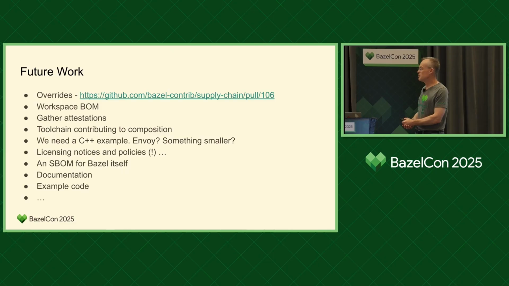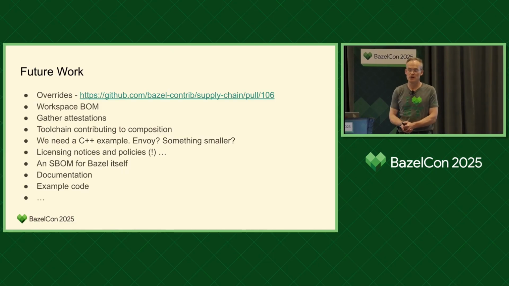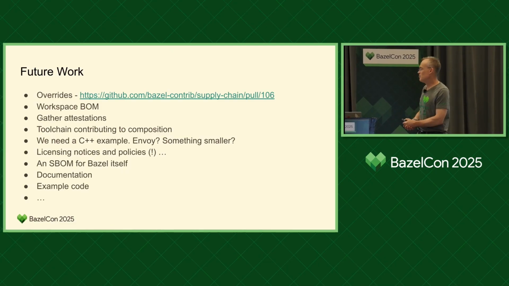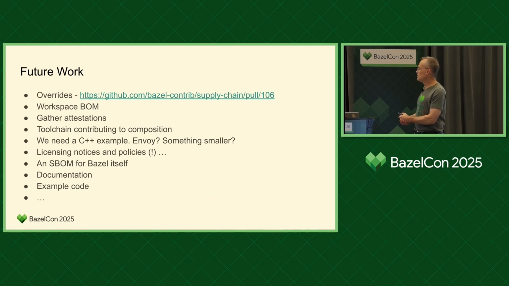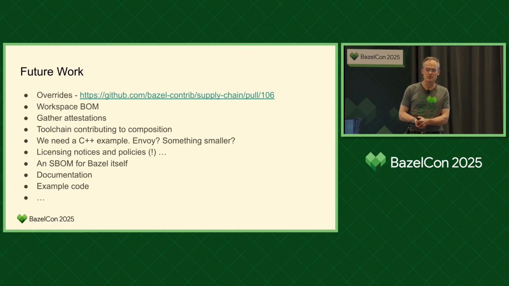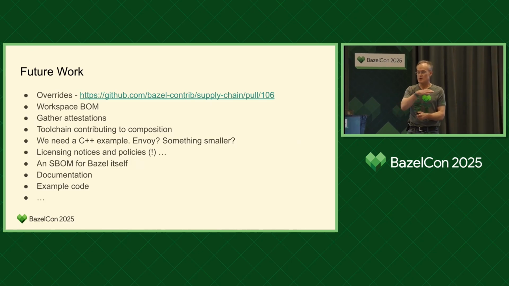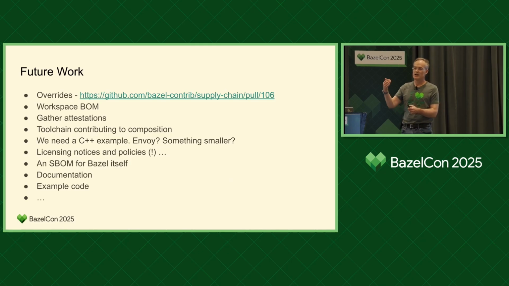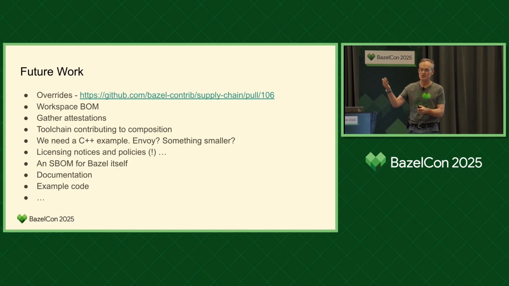Beyond that, there's a bunch of other future work that has come up as we've worked through this, and I'll mention some of these things now. Yannick also has a PR out for review in supply chain to do overrides. Overrides, Tony touched on this before. In almost all of our cases, at all of the companies where we've implemented this kind of tooling internally, we need to be able to override whatever the external package manager is telling us with some locally determined additional.